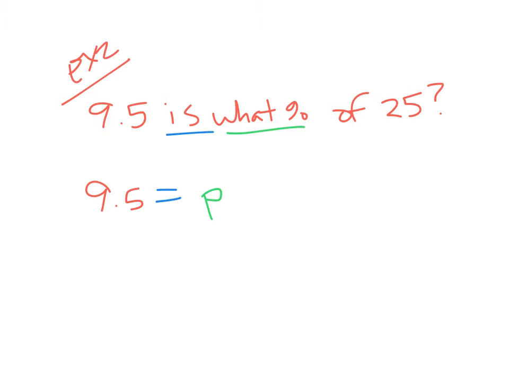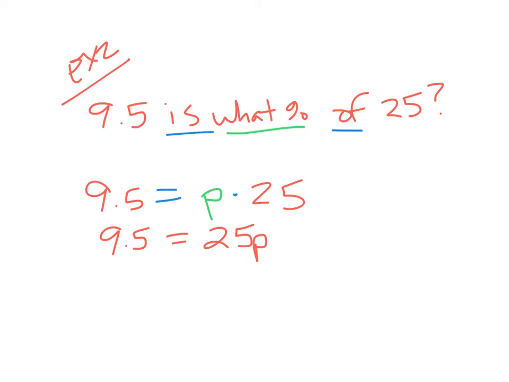But what does the of stand for? Multiply. I'm going to show you multiply with a dot this time. And then 25. Okay, so to simplify this, to write it nice and neat, 9.5 equals 25 times P, right? So I could write that as 25P. You can put the P in the front.